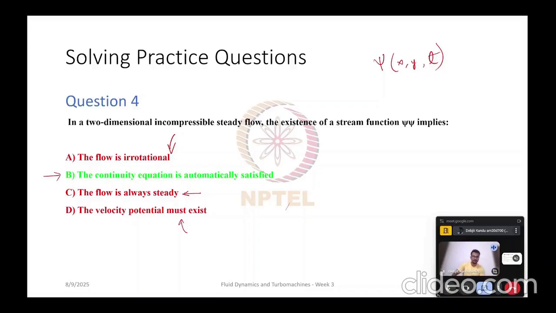For rotational flows, it cannot exist. So that's why all these three are incorrect options.